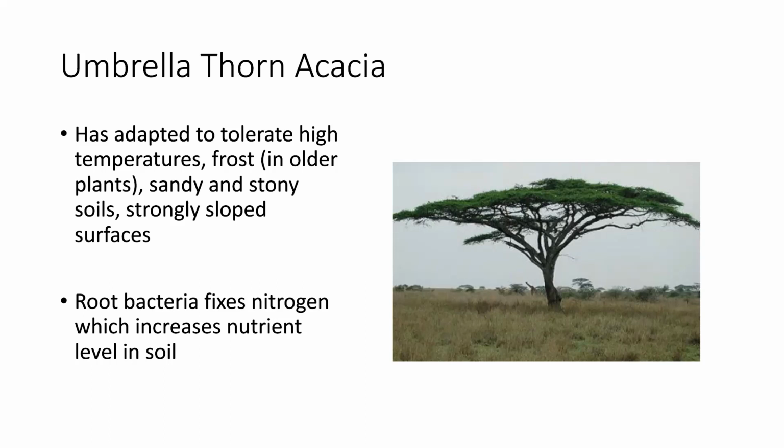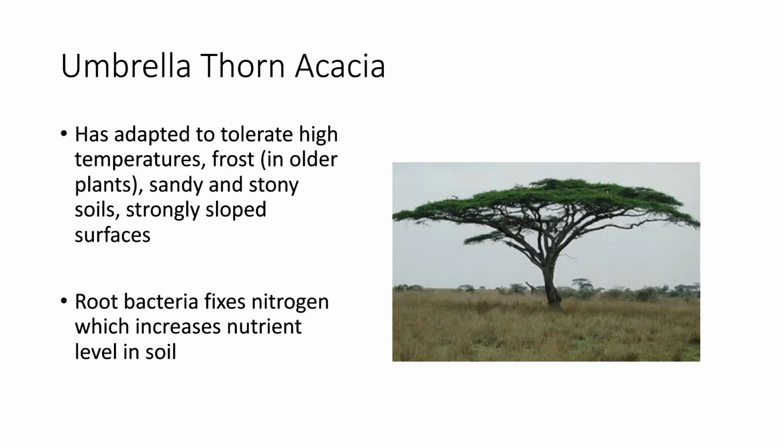And one thing that's important ecologically about these plants, which happens in quite a few plants, is that there's a bacteria that hangs along the roots of these plants, and it's going to fix nitrogen. Remember from the nitrogen cycle, atmospheric nitrogen, the nitrogen that's readily available in the air, is in the form of N2, so two nitrogen atoms combined together.